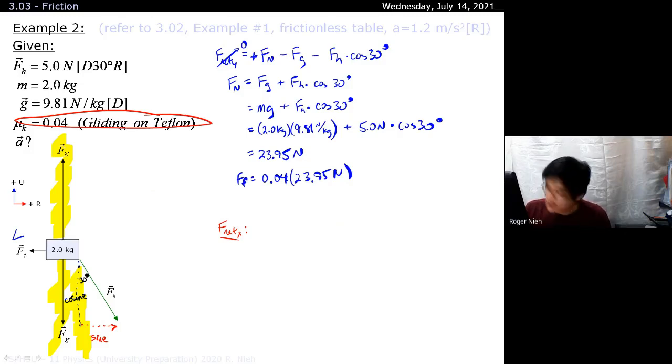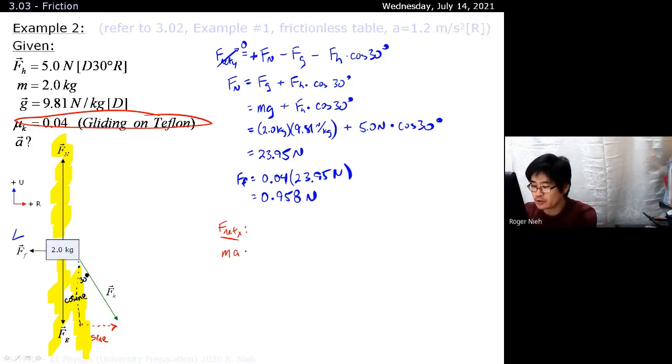2 times 9.81 plus 5 times the cosine of 30, that equals 23.95, multiplied by 0.04, and that gives us 0.958 newtons. Now onto the F net x dimension. If you want to skip a step, we know that F net is equal to MA.